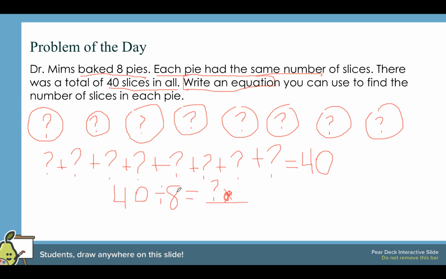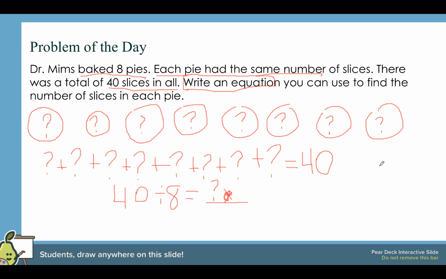I can figure that out by saying, well, 8 times what equals 40? Or I can use repeated subtraction, or I have my groups here, and I can just put a circle or something inside of each one at a time, until I get to 40. But remember, yesterday we worked on repeated subtraction.